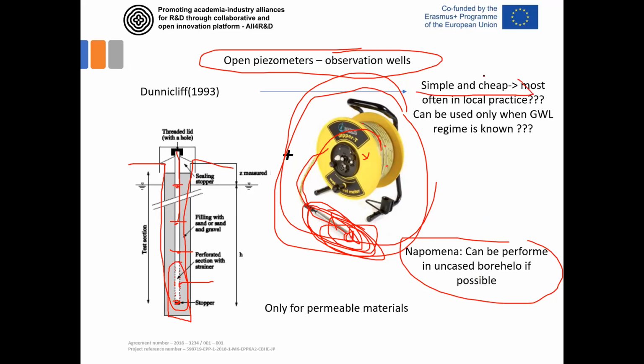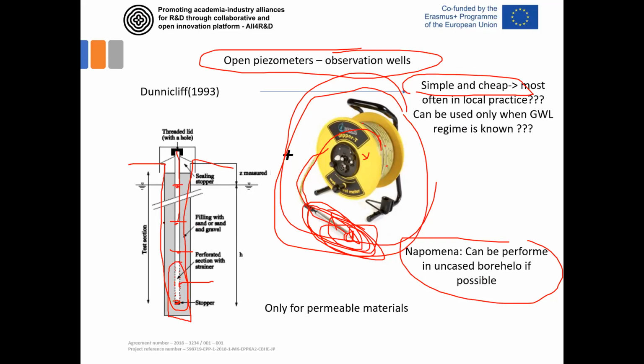This is a very simple and cheap technique for measuring water level. It's very often used in local practice, but it can really be used only when the groundwater regime is known. When we have some question of how the water could seep in the soil, then this technique is not appropriate.